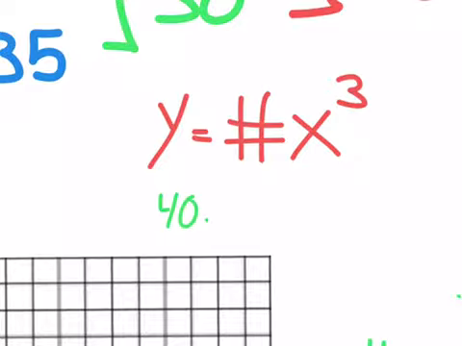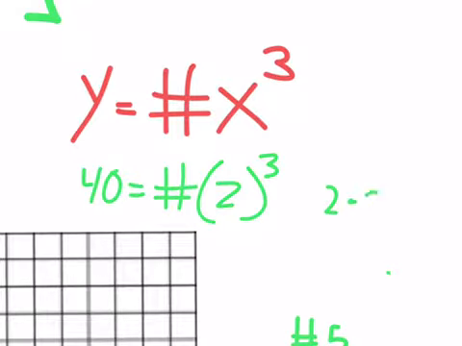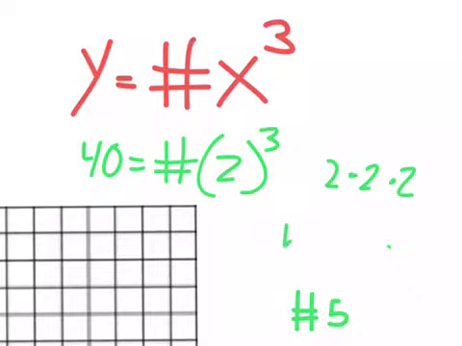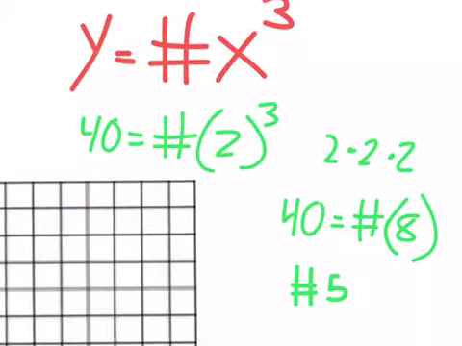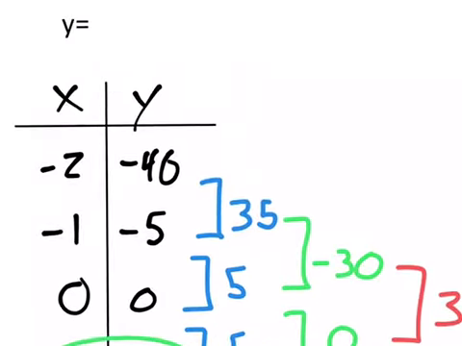So we have 40 is equal to some type of number times 2 cubed. 2 cubed is 2 times 2 times 2, which would give us 8. So then I'd have 40 is equal to some type of number multiplied by 8, and it's 8 times 5 that gives us 40. So there's that same existence there.